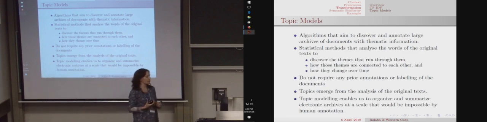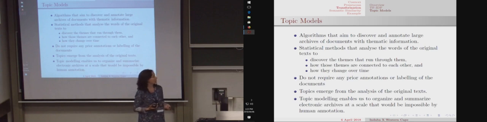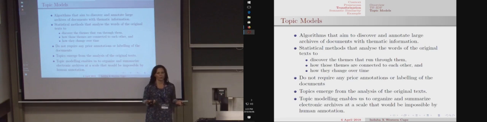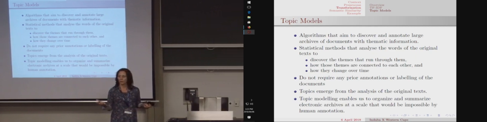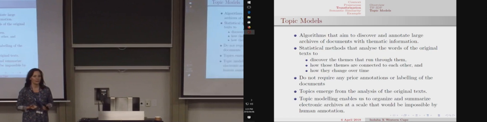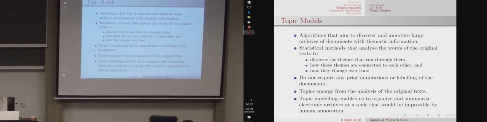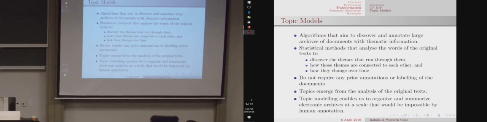So topic models are algorithms that aim to discover and to annotate large archives of documents. So again, say you have a corpus of 1 million tweets. How on earth would you know what is going on in that corpus? There's no way that you can get a good idea of what that corpus is about.